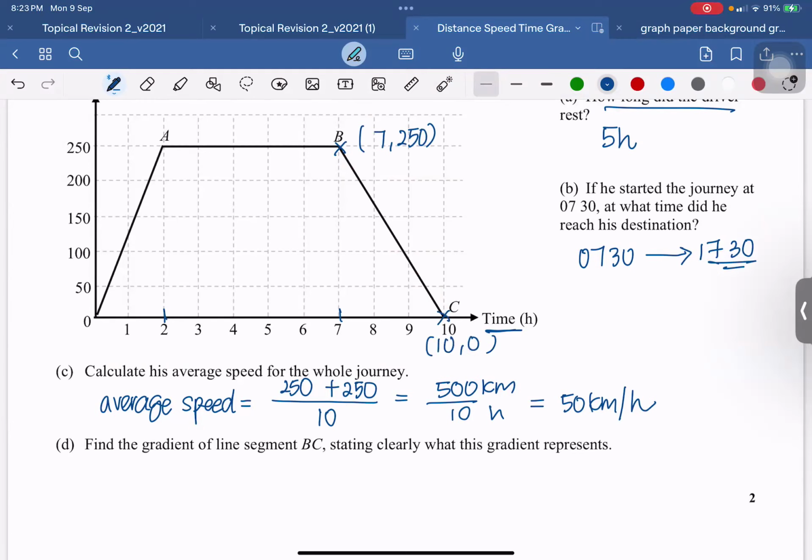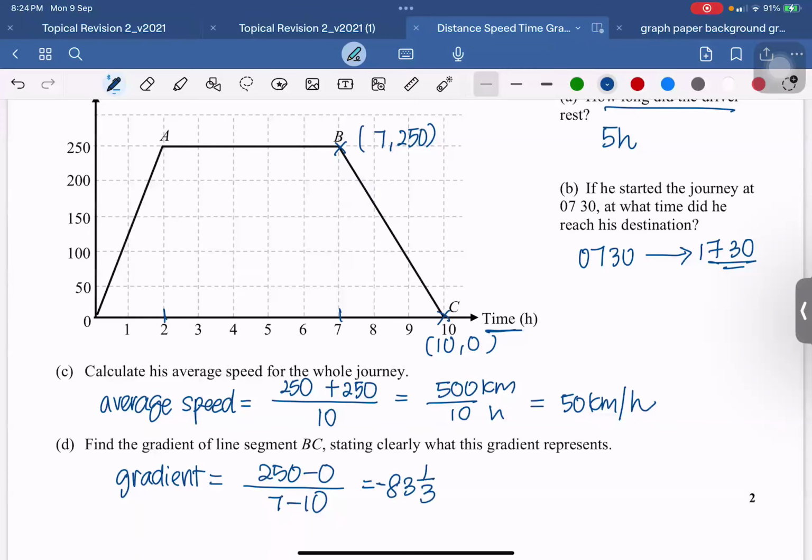So we find our gradient: Y2 minus Y1 over X2 minus X1. How much is this? Not a nice number. I will leave it as a fraction, okay? It's a negative though.